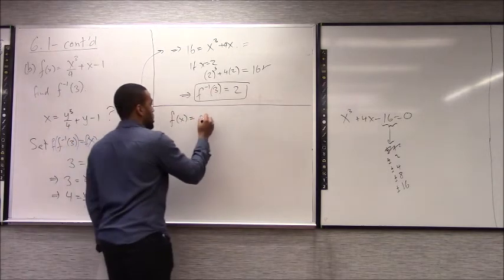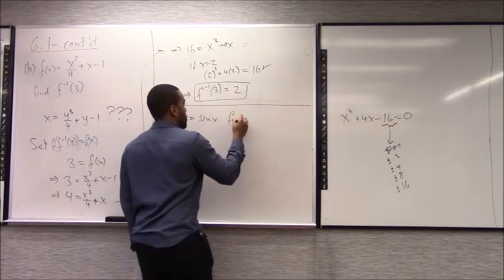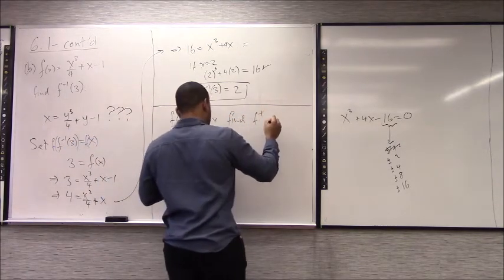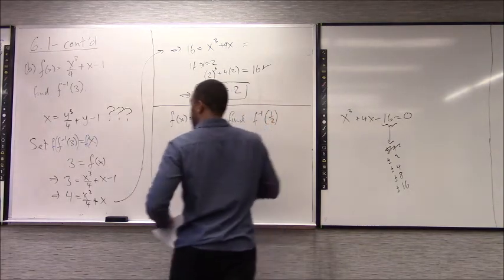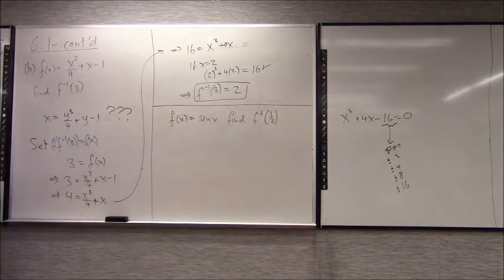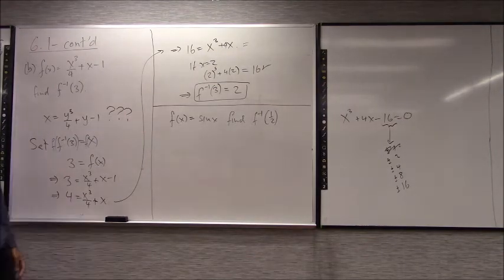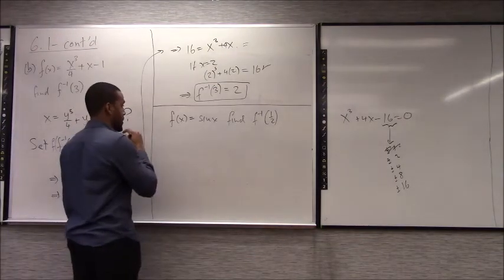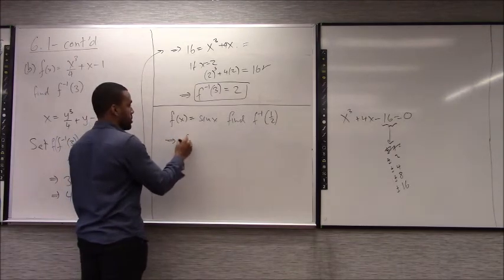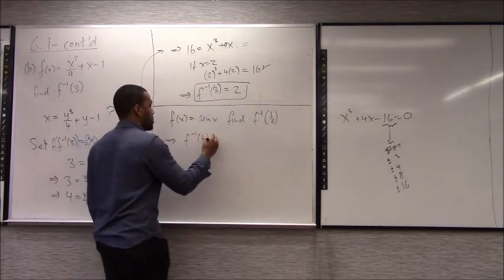f of x equals sine x. Find f inverse of a half. This is probably something you know by heart. Yep. So based on what we did for the last one, set sine x equal to 1/2.